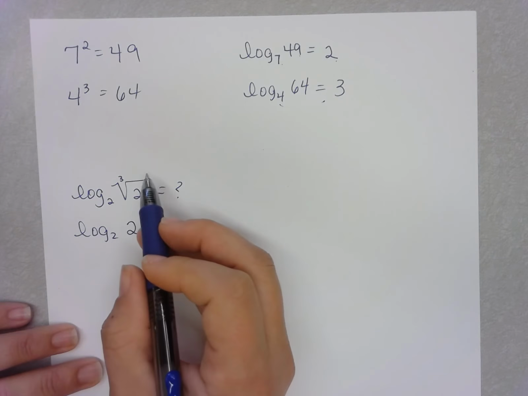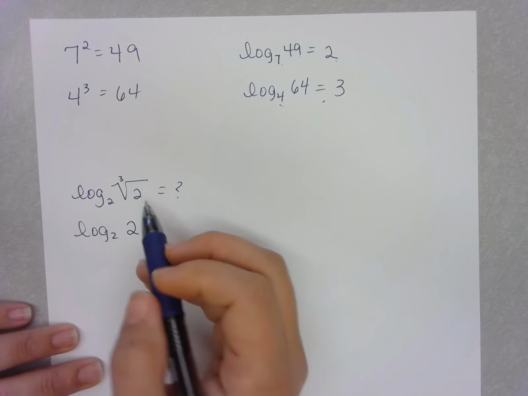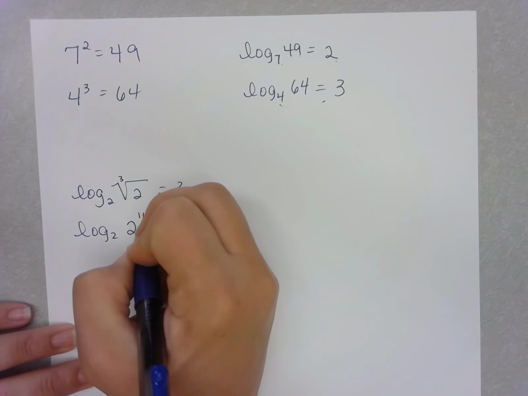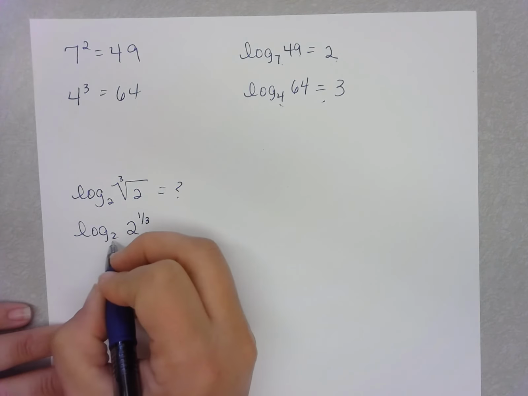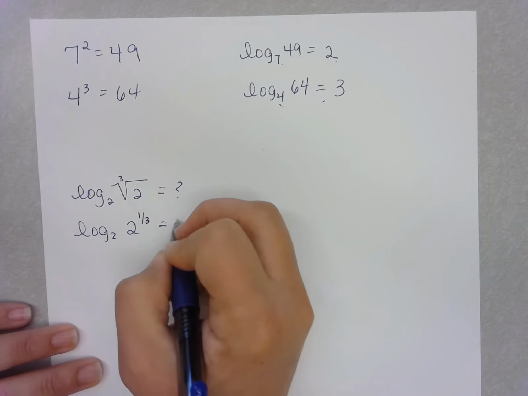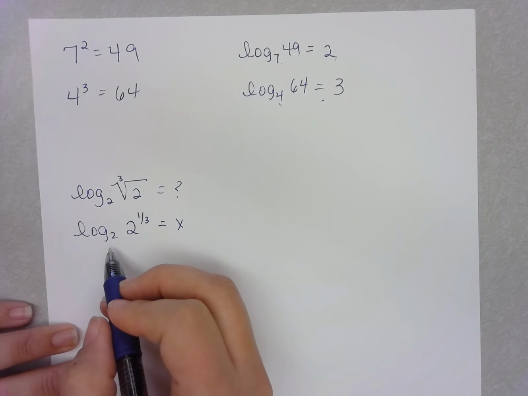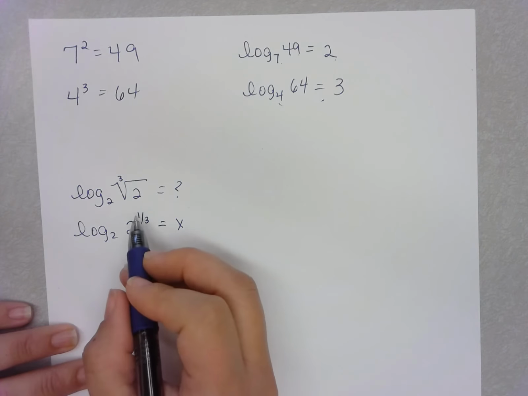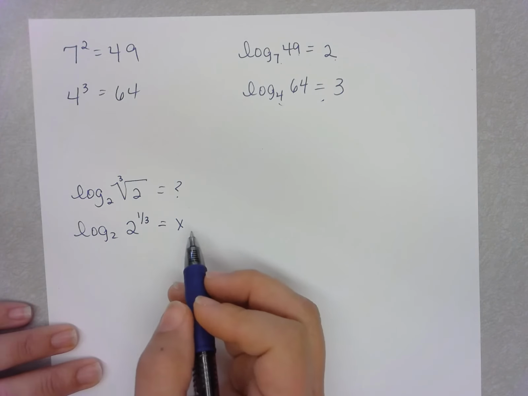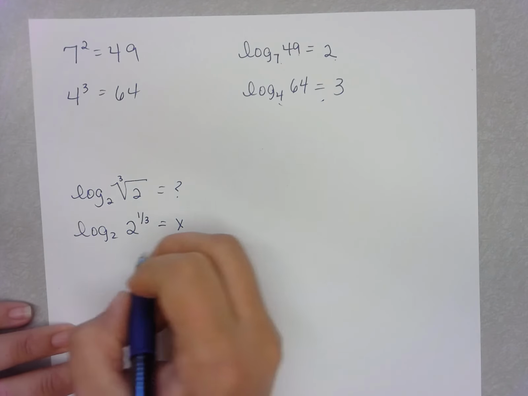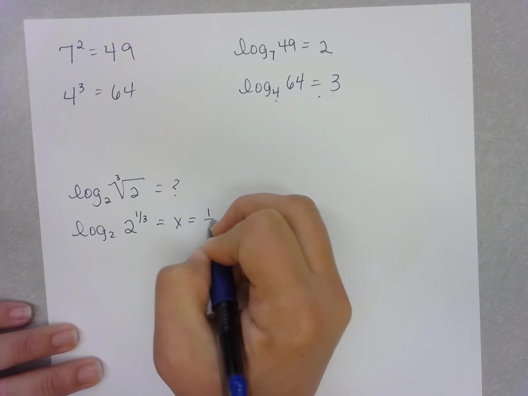The cube root of x means the power on my 2 is 1, and then the root is 3. So this is the log base 2 of 2 to the 1/3 equals x. What power would I have to raise 2 to get 2 to the 1/3 power? It would literally be the 1/3 power. So this is equal to 1/3.